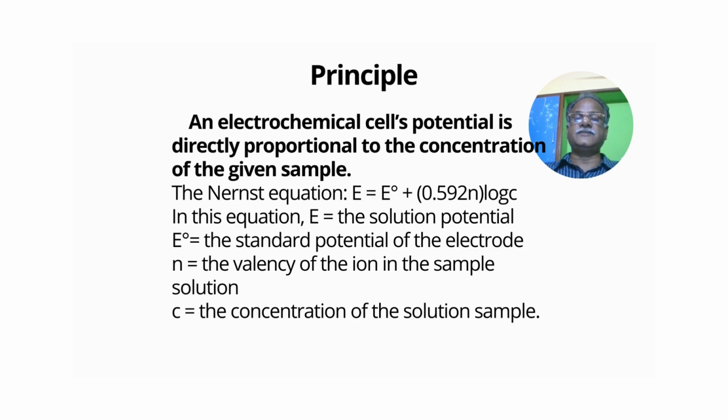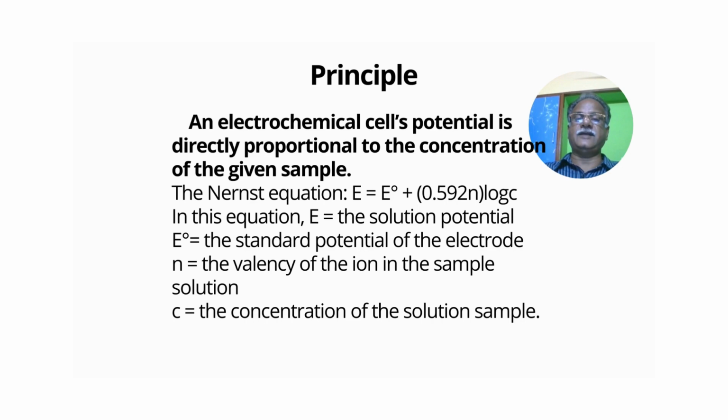The basic principle in potentiometry is that an electrochemical cell's potential is directly proportional to the concentration of the given sample.